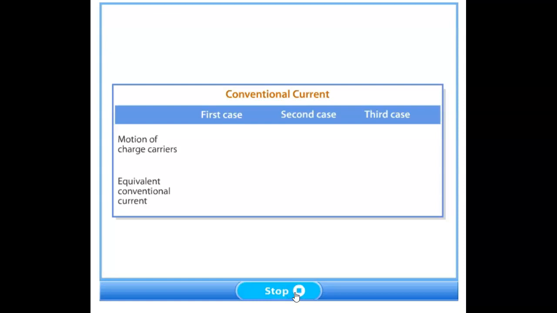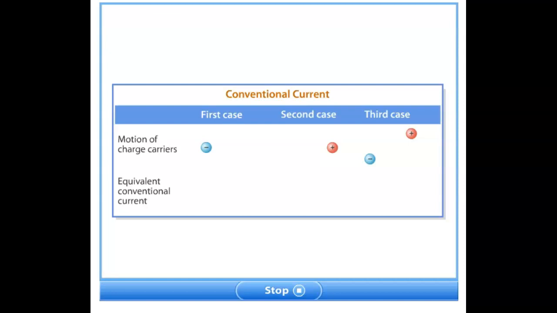Electric current is the net flow of electric charge carriers from one point to another. The charge carriers can be negative, positive, or a combination of the two. Which is the case is not a concern for most applications. For this reason, scientists have chosen to treat most electric currents as if they were entirely due to the movement of positive charges.